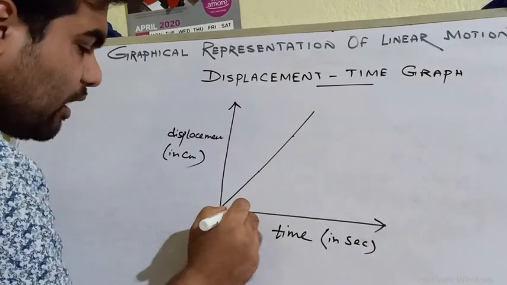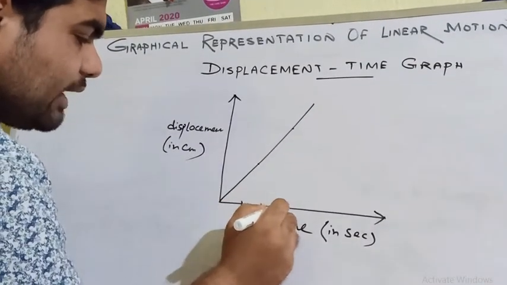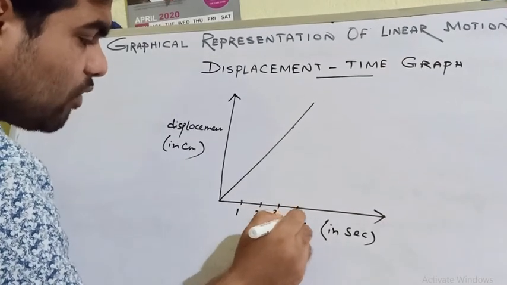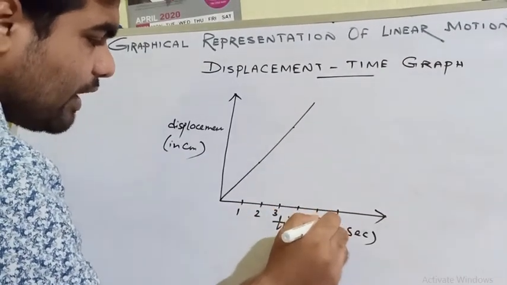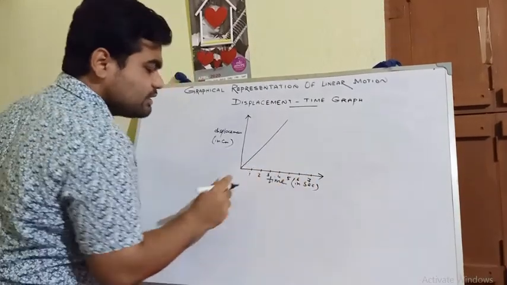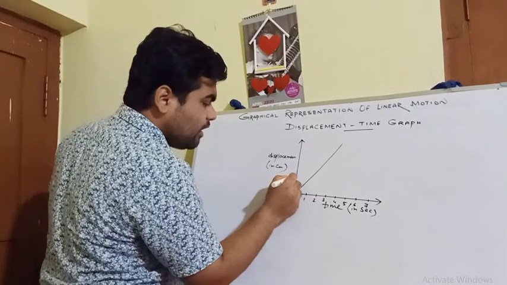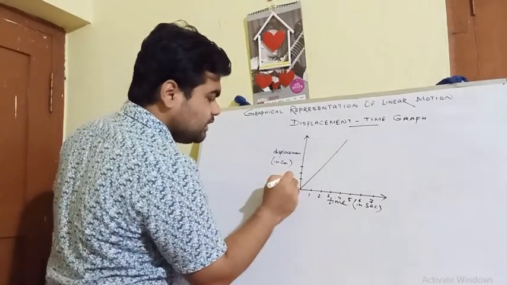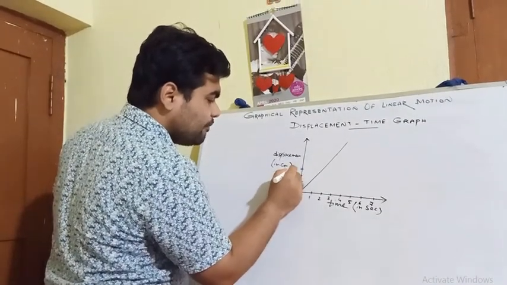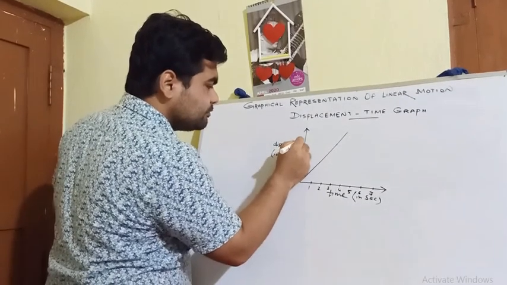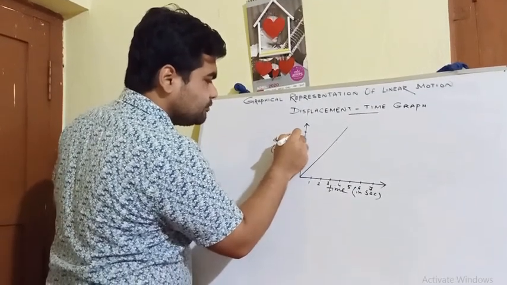I am taking 1 second, 2 second, 3 second, up to 7. Similarly, I will take here 10, 20, 30, 40, 50, 60 and 70.